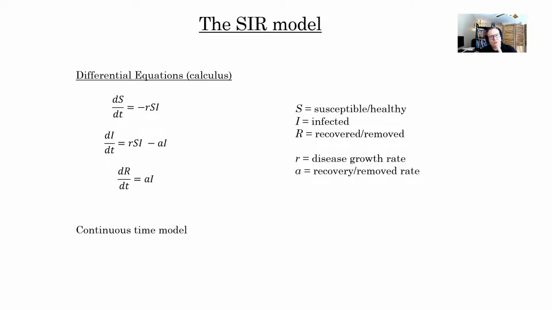Okay, so what I'll do now is make a comparison between the discrete time model that I just developed and demonstrated in Excel and this classic SIR model that is a subject that is really from the differential equations class. It's a calculus-based model. It's a very simple model for a pandemic.